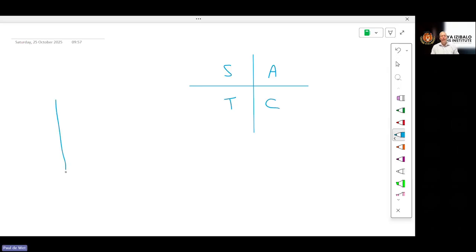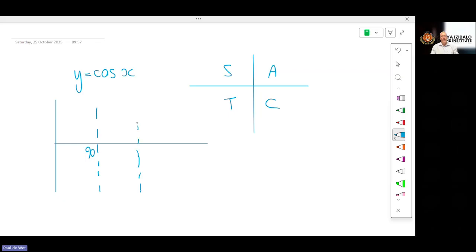If I said to you, draw me a cos graph, I'm going to use this diagram to help me. This here is 90 degrees, this is 180 degrees, this is 270 degrees, and lastly, over here, 360 degrees.